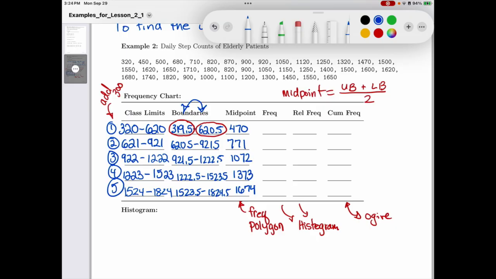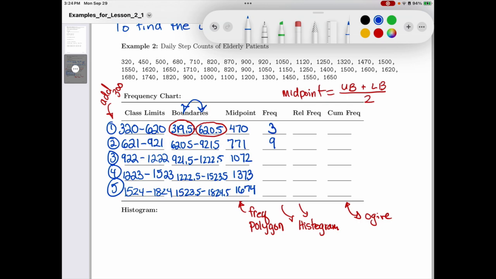If I count all of those values, I'm going to have 3 values. For the second class, if I count how many values fall between 620.5 and 921.5, there are 9 values that fall on that interval.